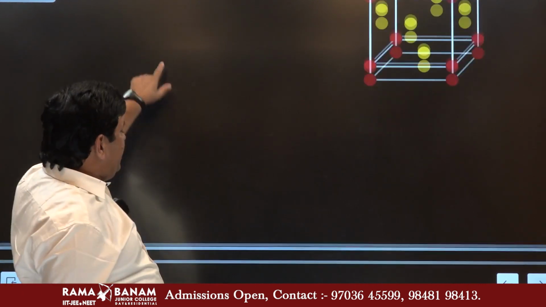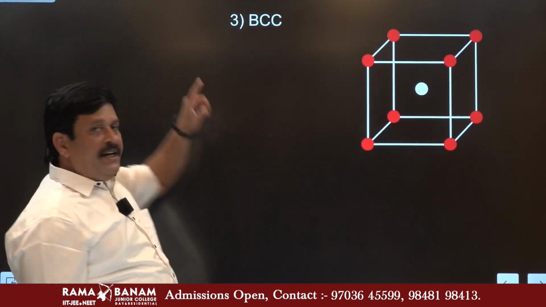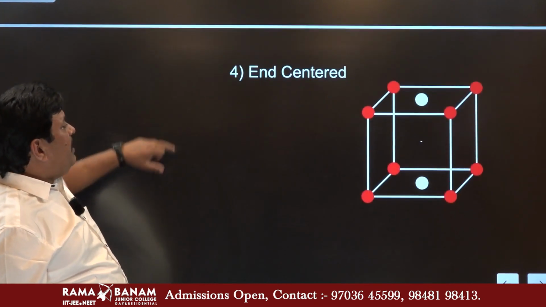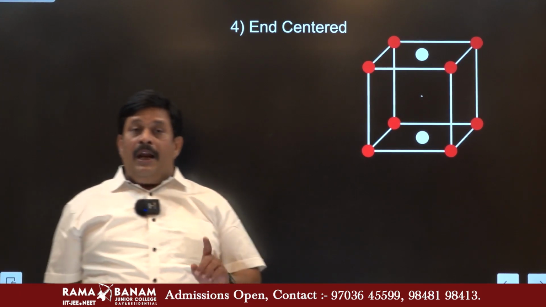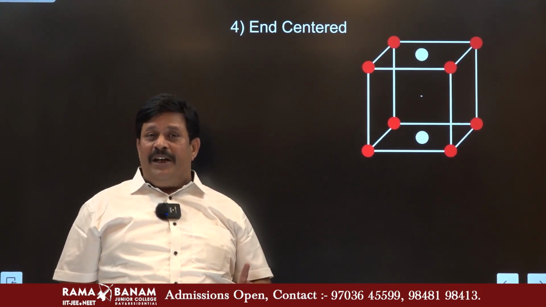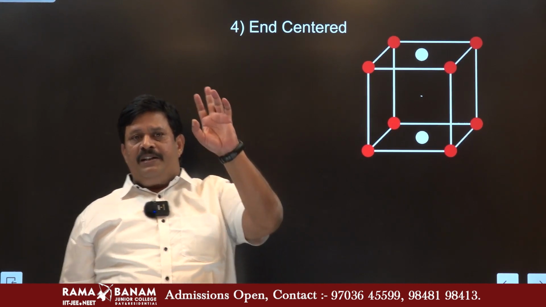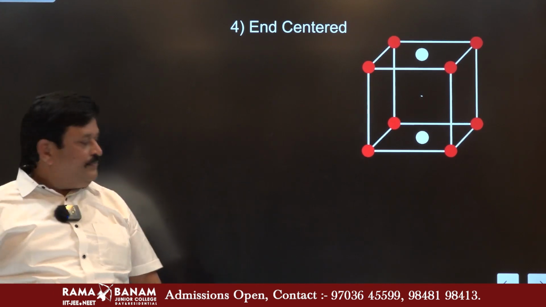Third variety is BCC, particles are at body corners and body center. And fourth, the end centered cubic unit cell. In this, particles are at body corners and, don't forget, this is very important, any two opposite face centers.